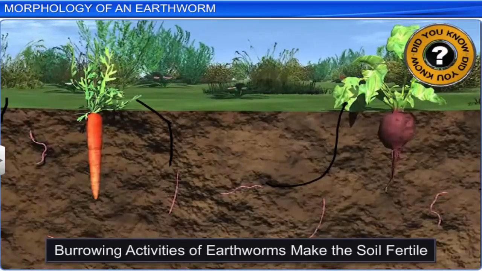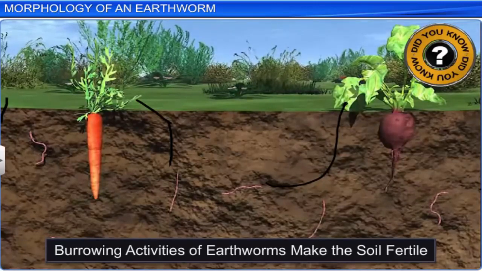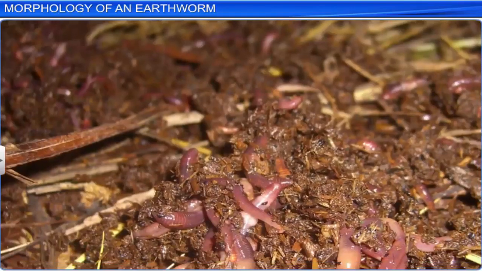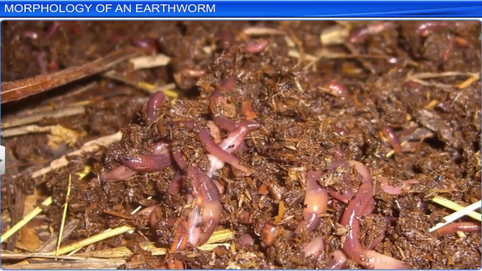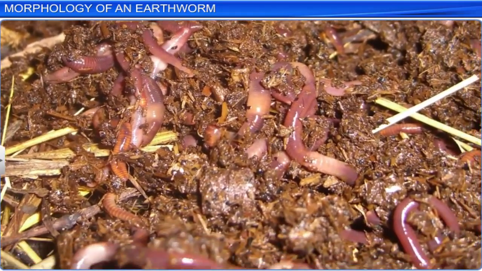This is because their burrowing activities make the soil porous and aerated, which facilitates the development of roots in plants. Besides, they also play an important role in decomposing organic matter to humus, improving soil fertility. In recent years, earthworms have been extensively used for vermicomposting.